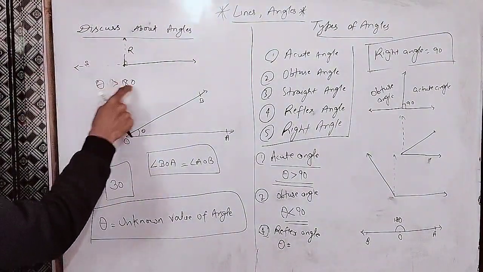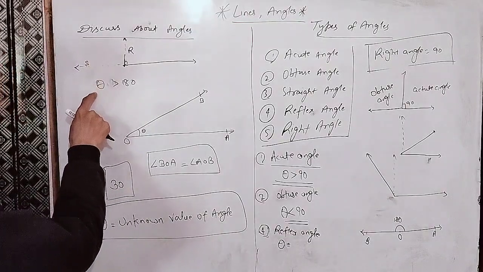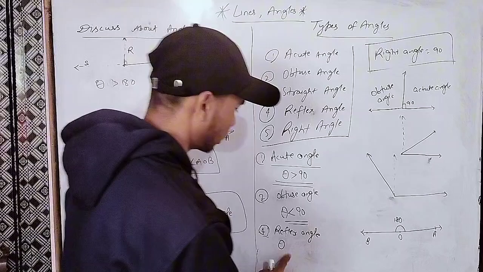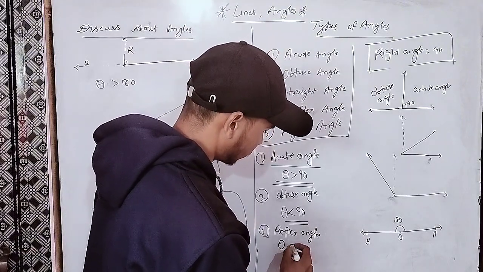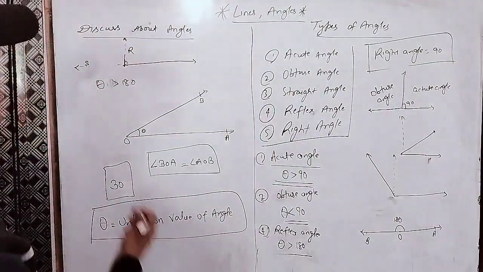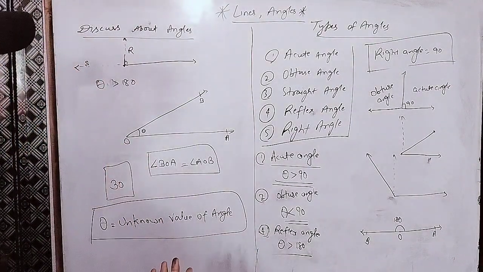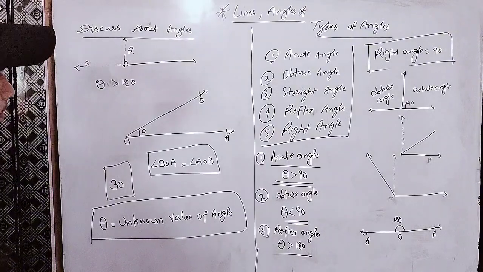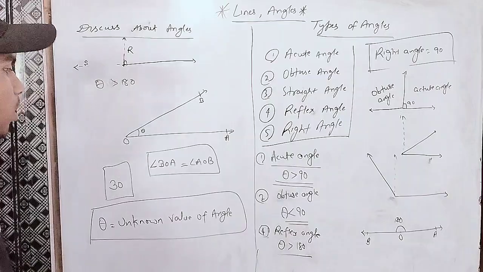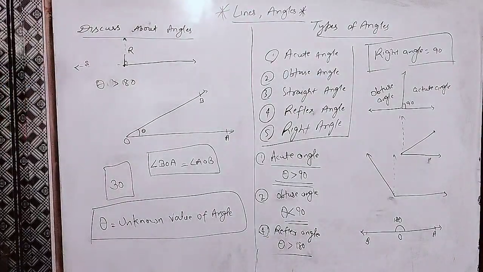So we are saying that the value of reflex angle is greater than 180 degree. Okay. It can be 270, 360, and you can say 290, 185, 208 reflex. Clear?